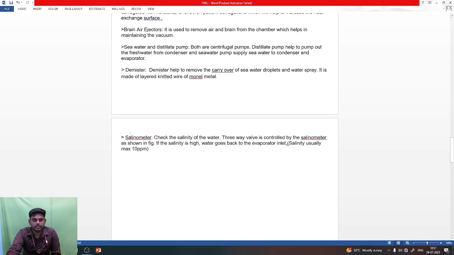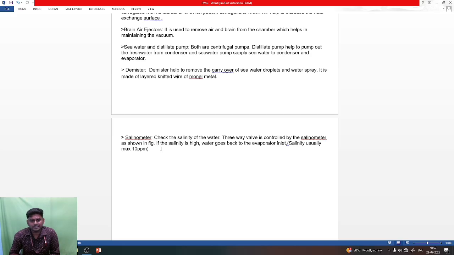And the salinometer checks the salinity of the water. That is its main function. A three-way valve is controlled by the salinometer. If the salinity is high, the water goes back to the evaporator inlet, or otherwise it goes to the overflow.